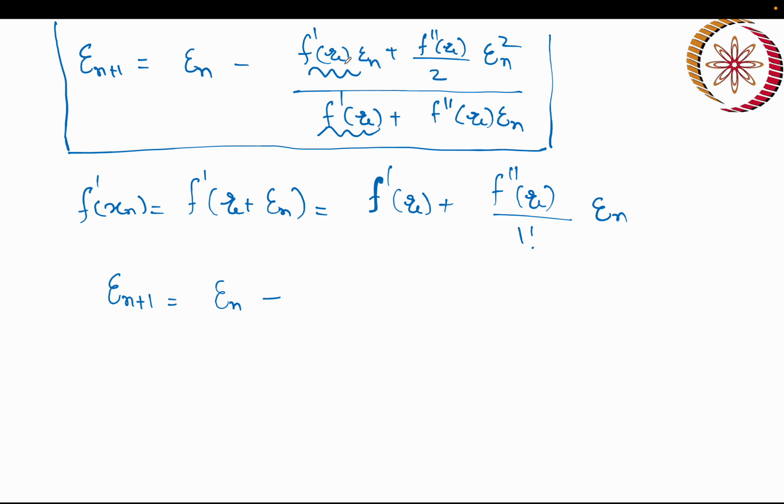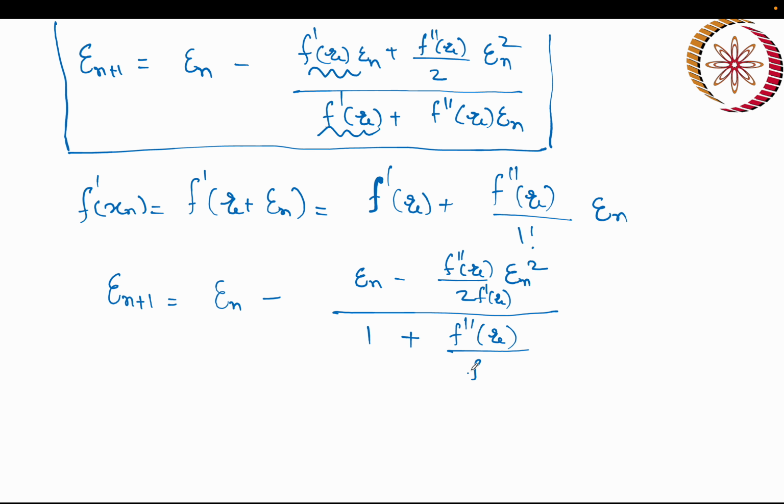It will be epsilon n minus f double dash xi by 2 epsilon n square over f dash xi, divided by 1 plus f double dash xi divided by f dash xi epsilon n.